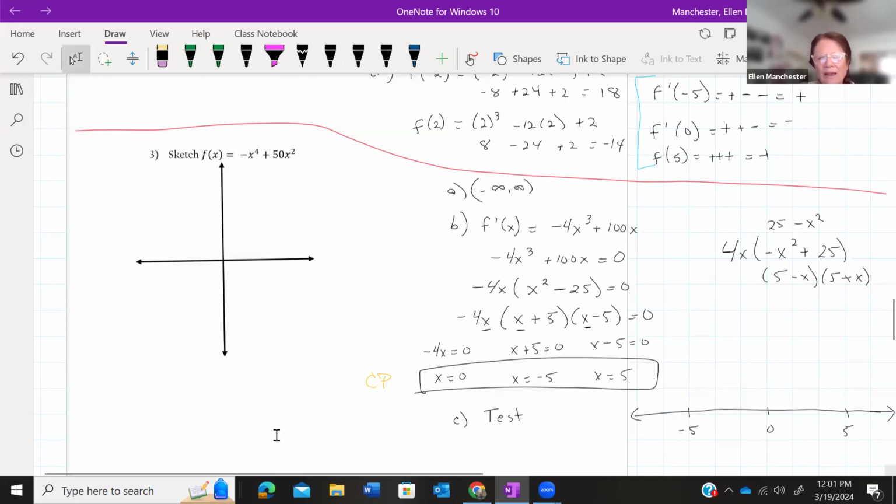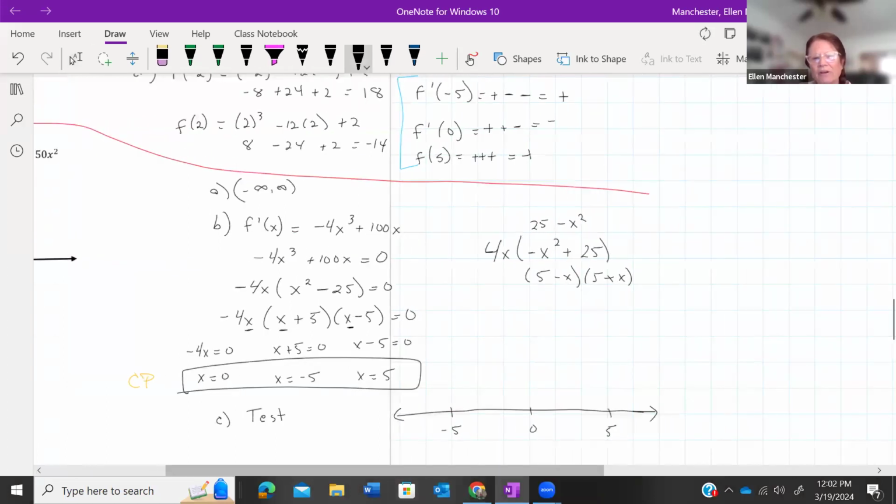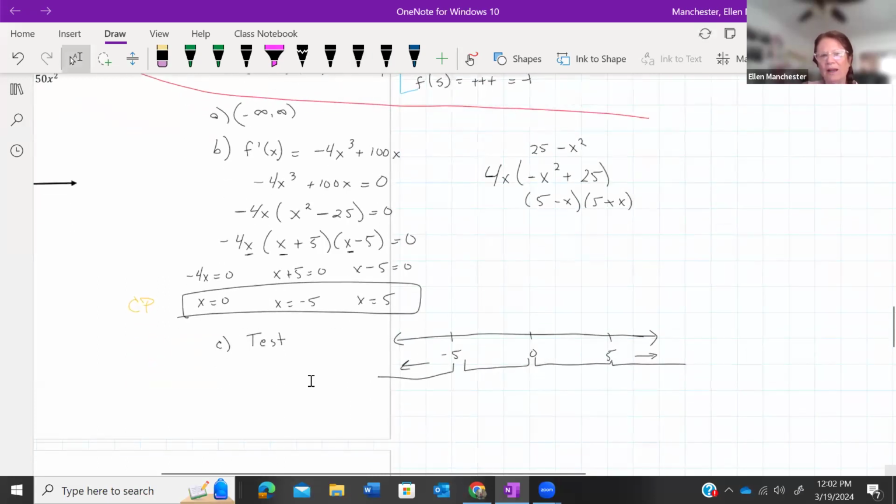Because I have 3 critical points, now I have 4 intervals that I have to test. Everything below negative 5 going this way, everything between negative 5 and 0, everything between 0 and 5, and everything above 5. So the number of critical points can change. And all that means is now I just have 4 areas I have to test.